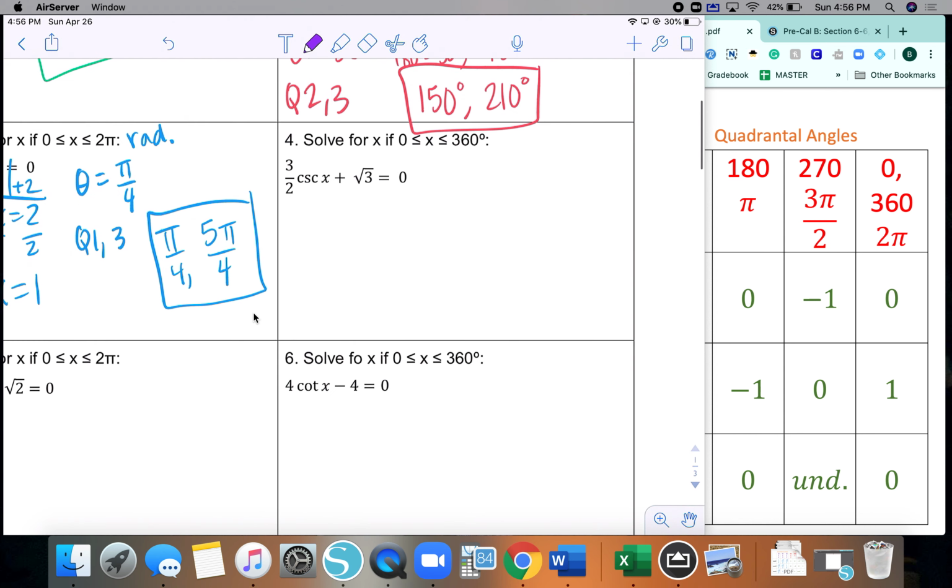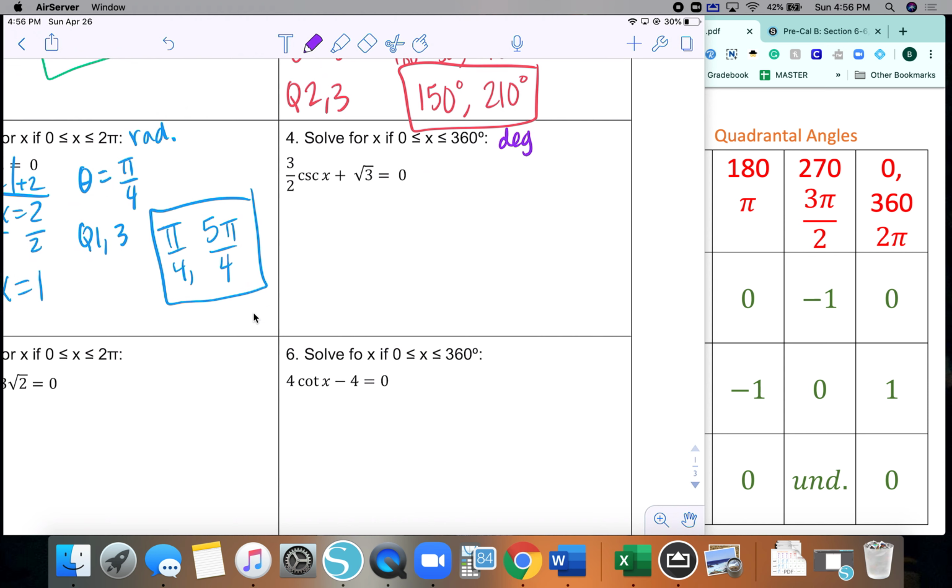Problem 4, solve in degrees. So need to do a little manipulating. So 3 halves cosecant x equals negative square root 3. Divide by 3 halves. So cosecant x is negative square root 3 times 2 over 3, because you would flip the 3 halves.